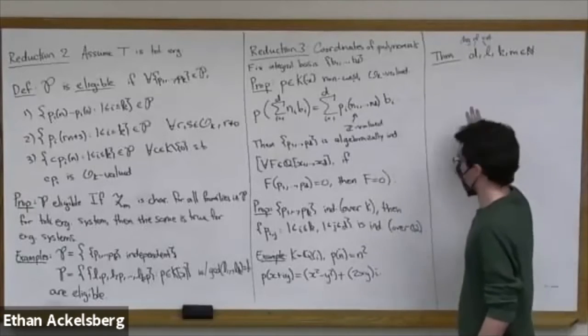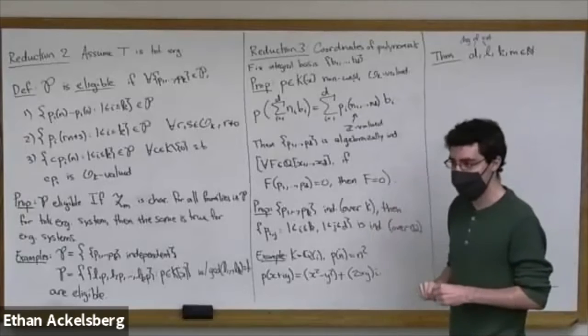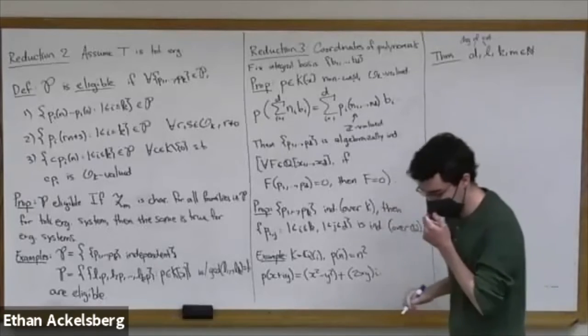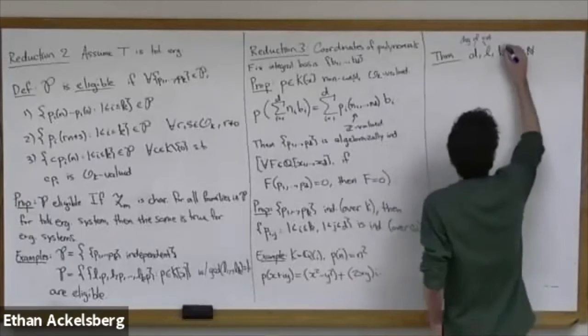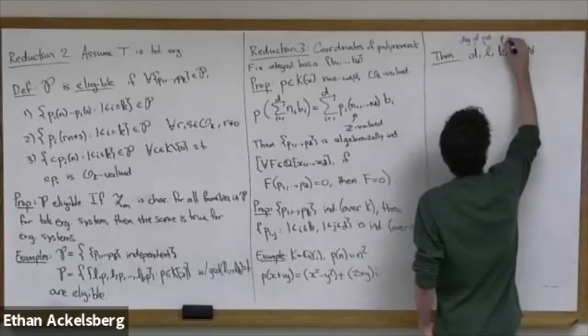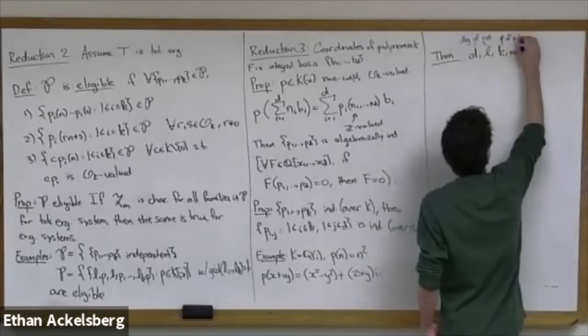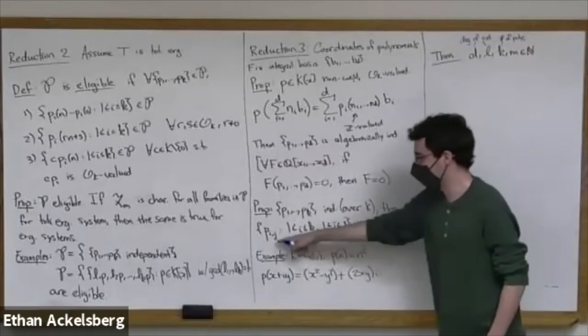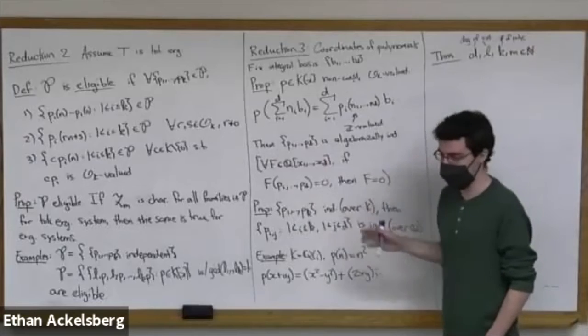For the result I'm going to state, they don't have to be equal, but in the setting of rings of integers, they will both just be the degree. k is the number of these polynomials, the doubly indexed sequence.